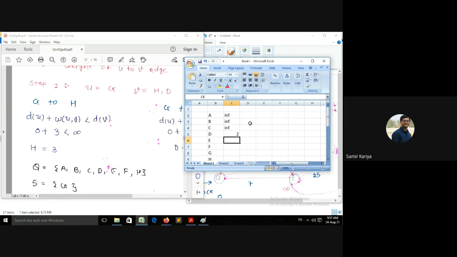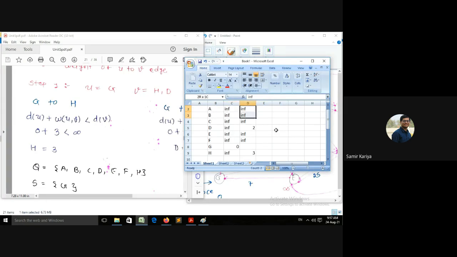D now has distance 2, first it was infinite but now it's 2. F is infinite. G is the source, so that's 0. H was first infinite, now it's 3. So this is the table.